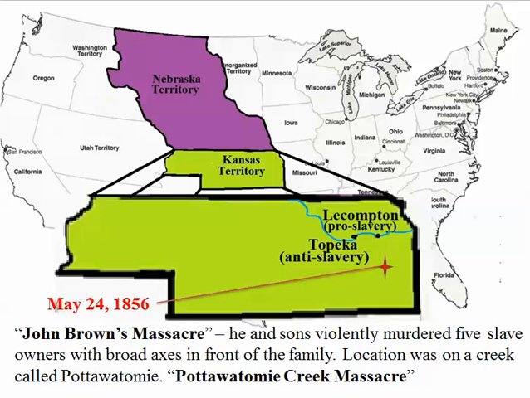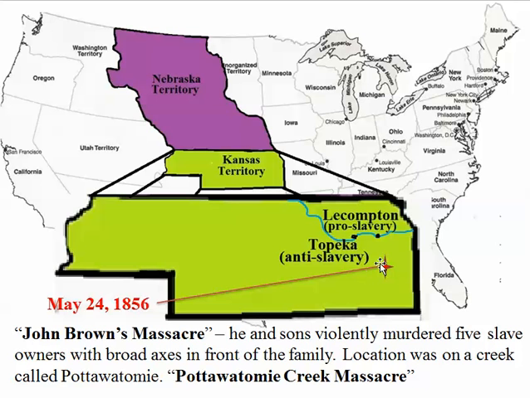Another event, anti-slavery violence. On May 24th, 1856, 3 days later, probably in reaction to the Sack of Lawrence, John Brown and his 4 sons commit what's called John Brown's Massacre. It's also called the Pottawatomie Creek Massacre.